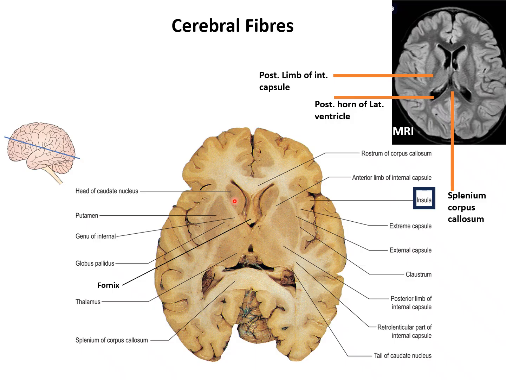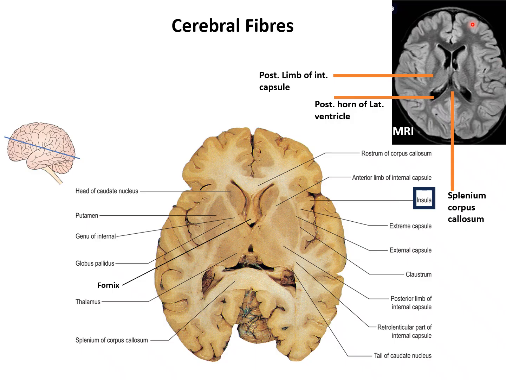Here is the anterior limb, between the caudate nucleus and lentiform nucleus. Here is the posterior limb, between the lentiform nucleus and thalamus. Between them, you can find the genu of the internal capsule.